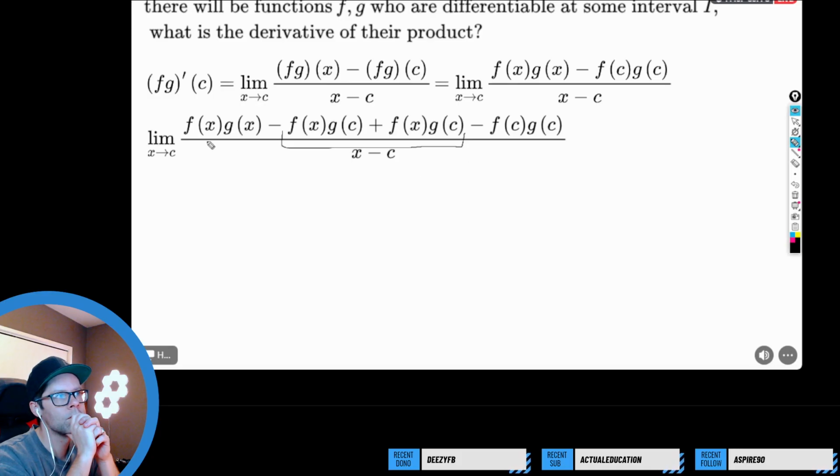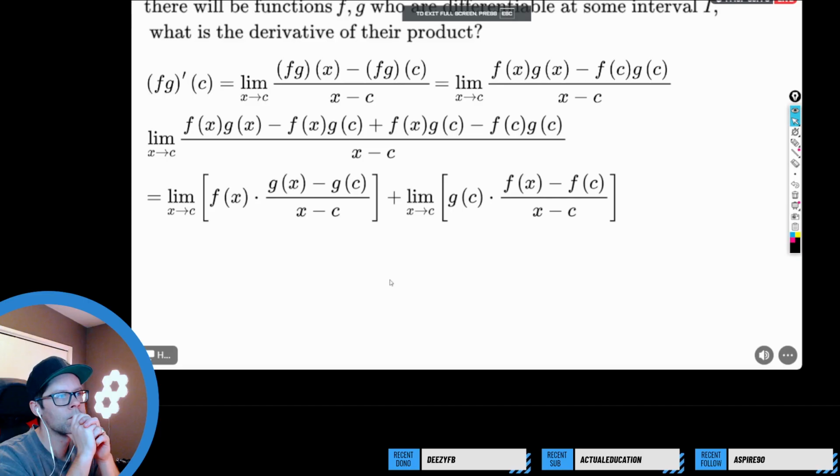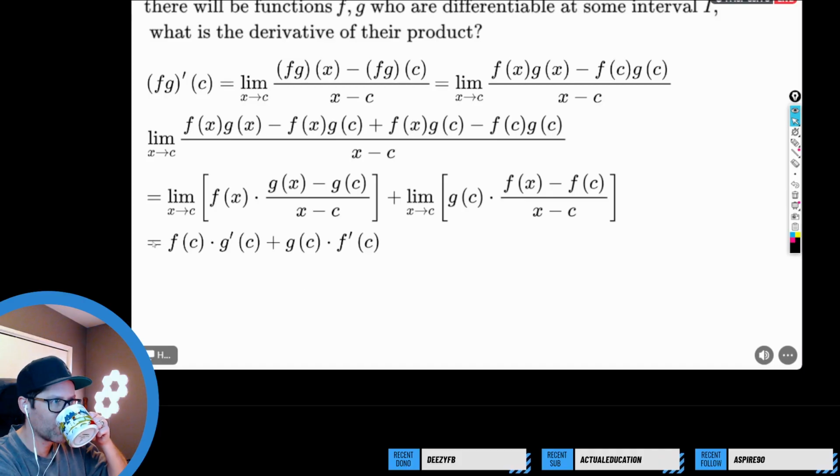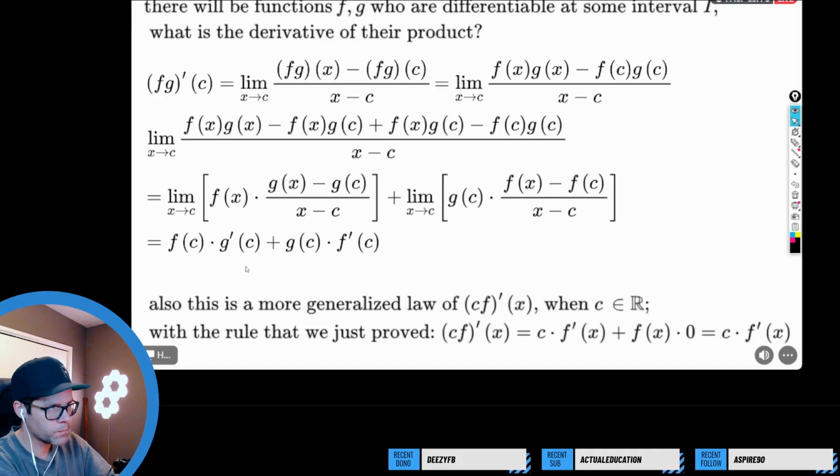So we know that if we take f of x out in here and g of c out in here, we get this. So we end up with this, which is not like a regular product or a multiplication of two numbers, but it is also a very nice and useful rule.